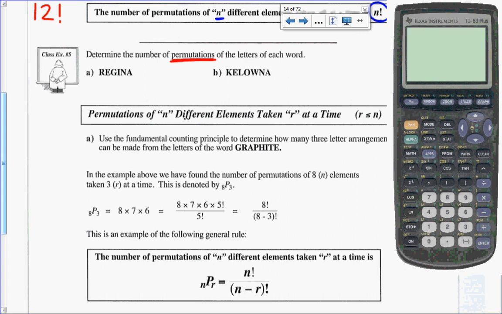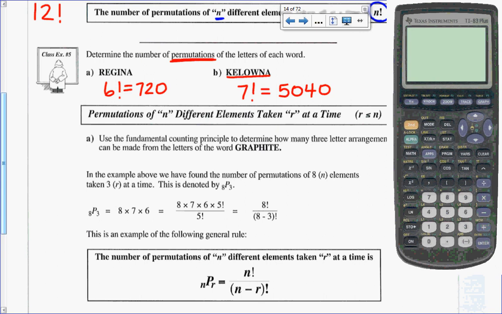So I can arrange 6 letters in 6 factorial different ways, which, if you plug that into your calculator, is 720. Okay. How many different permutations can I make of the letters in the word Kelowna? 1, 2, 3, 4, 5, 6, 7. 7 factorial different arrangements of those 7 letters. So if you plug that into your calculator, that's 5,040 different arrangements of the letters in the word Kelowna.